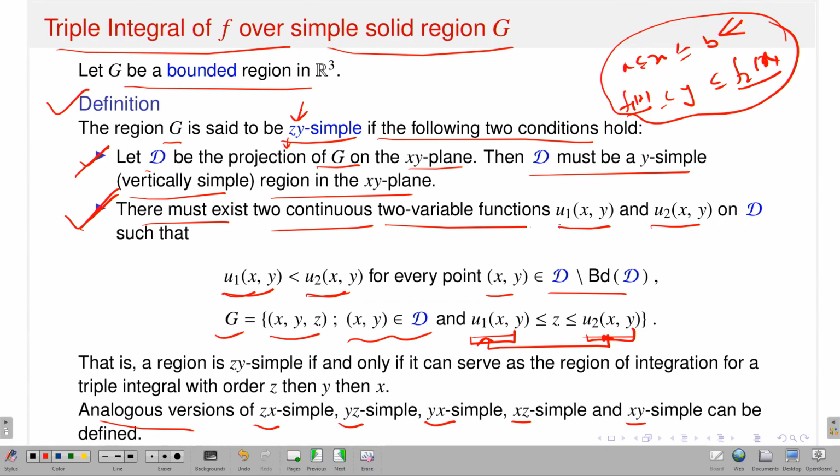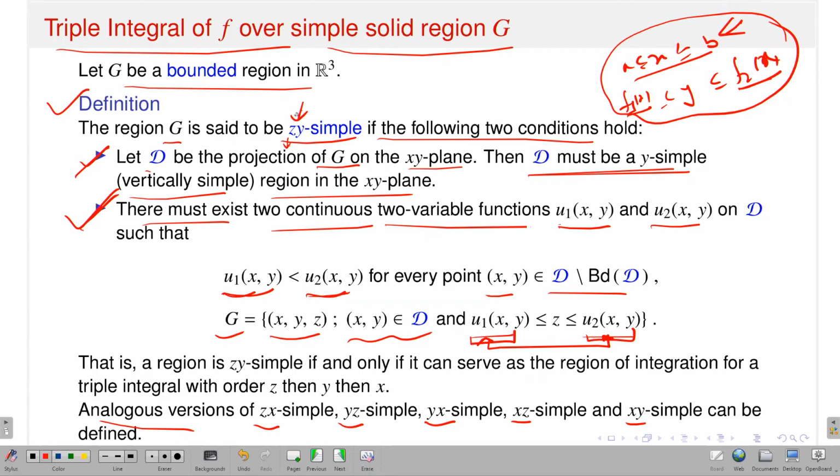So, at the end your x varies, see what I am saying, D must be y simple or vertically simple. What is a vertically simple domain? x is fixed, that means x varies from a to b, and y varies from a function of x to another function of x. So, if I write zy simple, the variable x is missing, which indicates that x should vary from one constant a to another constant b. That is the first one.